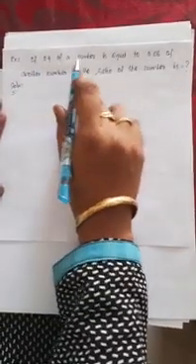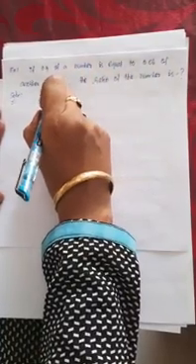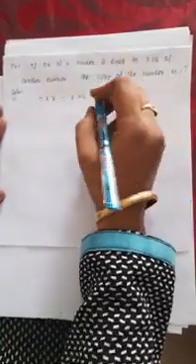If 0.4 of a number is equal to 0.06 of another number, that is 0.4 of a number, let us assume that x is equal to 0.06 of another number, take y.